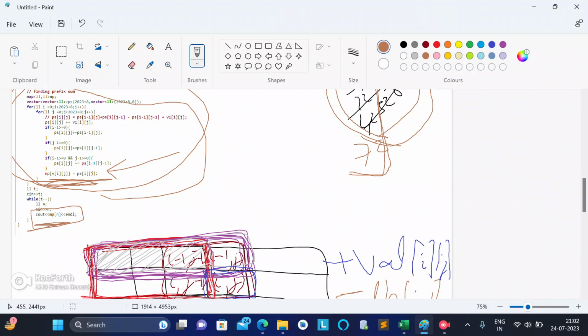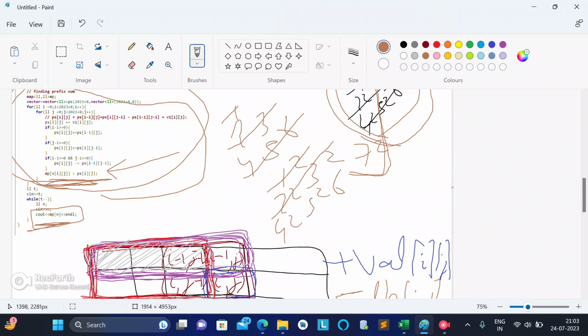I'm again repeating this. Suppose it is 7. What I had done is, first I made this type of array 1, 2, 3, 4, 5, 6 diagonally. Then I made this array 1 square, 2 square, 3 square, 4 square, 5 square, 6 square, this type diagonally. Then I found the prefix sum of this whole array.